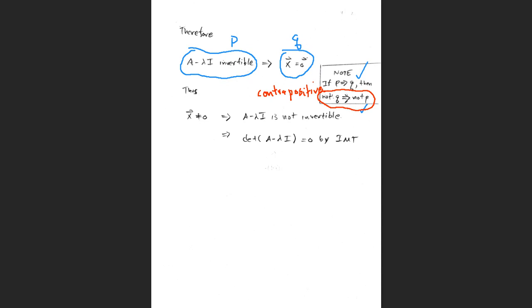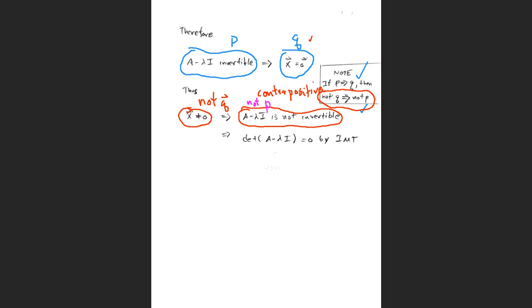Well, this means that if X is not equal to 0, okay, that means not Q, right? Then that implies not P. And that's what this is. That A minus lambda I is not invertible. That's not P.